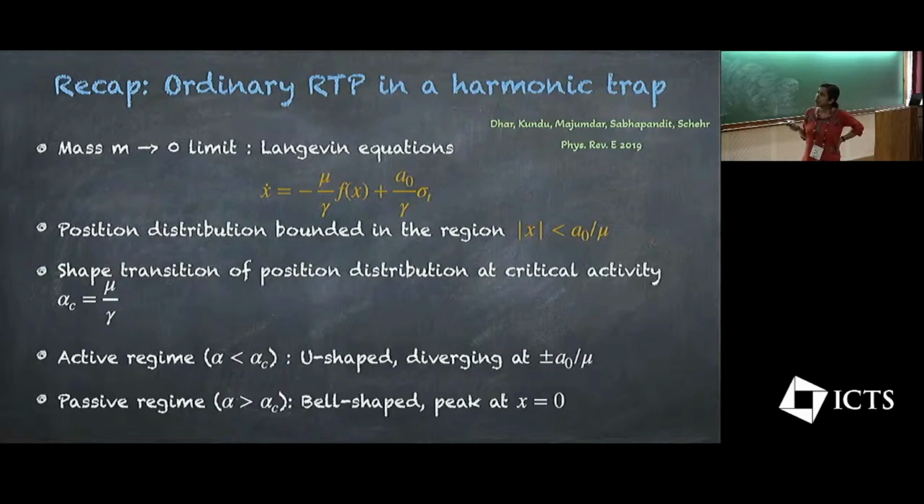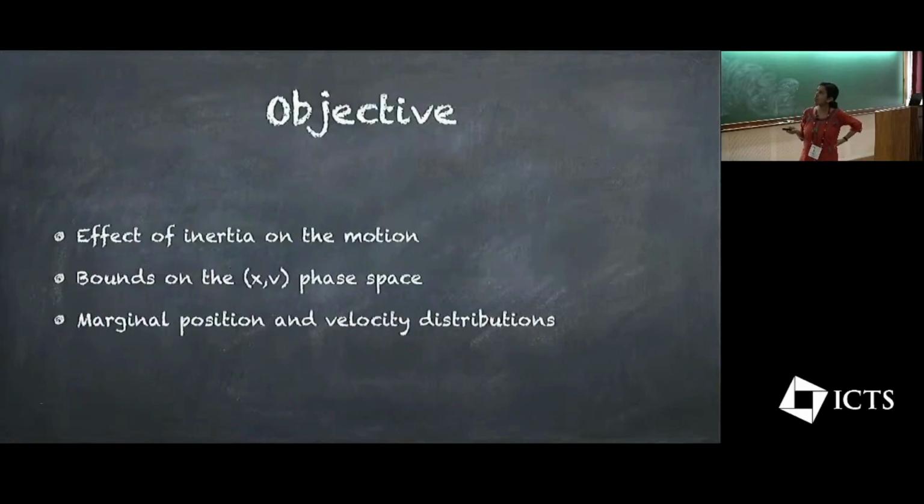What they showed is that the position distribution is bounded in this region for a given propulsion strength A0 and trap strength mu. And the position distribution shows a shape transition as one increases the activity. In the passive regime, it's a bell-shaped curve, like a Gaussian, and in the active regime, when alpha is smaller than some critical value, it has a U-shaped curve. So the particle likes to stay away from the origin of the trap.